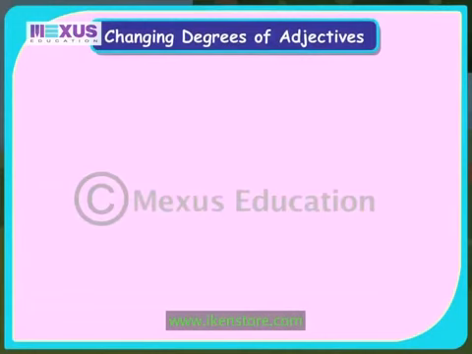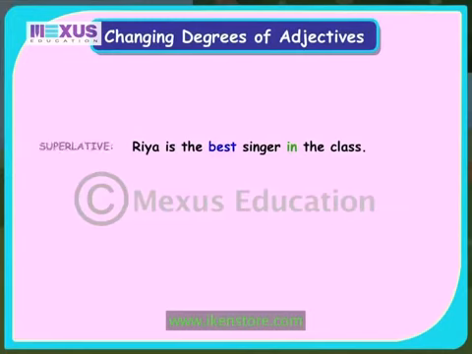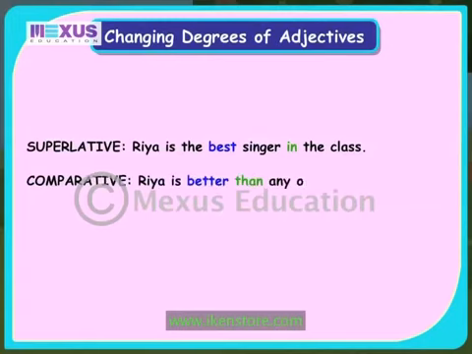We can change the degree of comparison of an adjective without changing the meaning of the sentence. Take a look at the following examples. Ria is the best singer in the class. Here the adjective is in the superlative degree. On changing the adjective to the comparative degree, we get Ria is better than any other singer in the class.